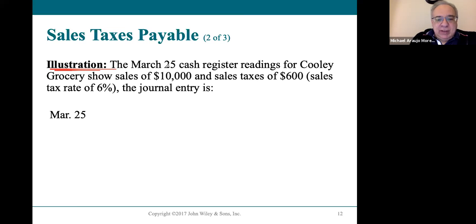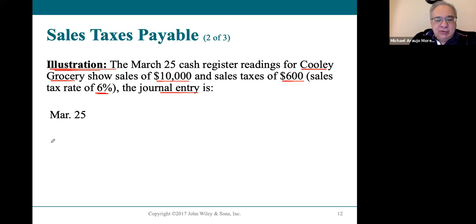It's March 25th. And they are reading the cash register for Cooley Grocery. And they show they had sales of $10,000 and they collected $600 of sales tax because the tax rate is 6% on the sale.